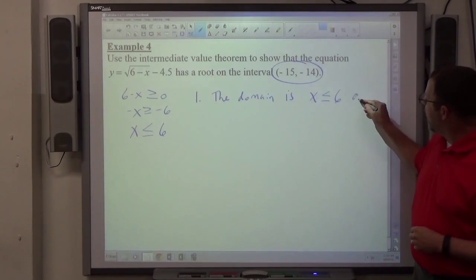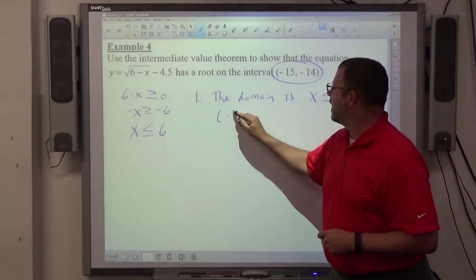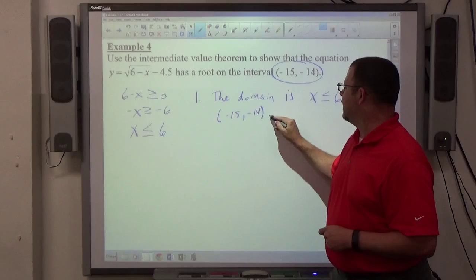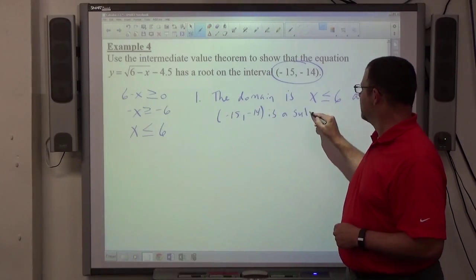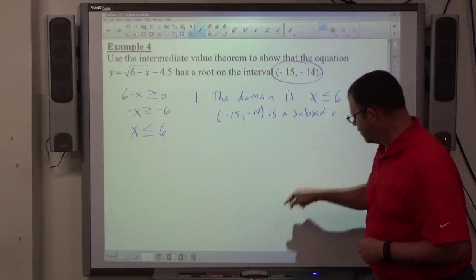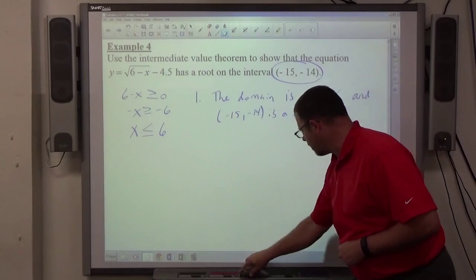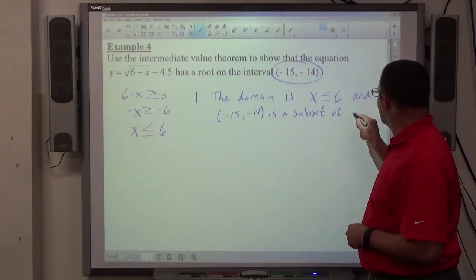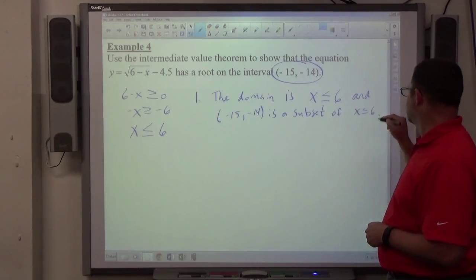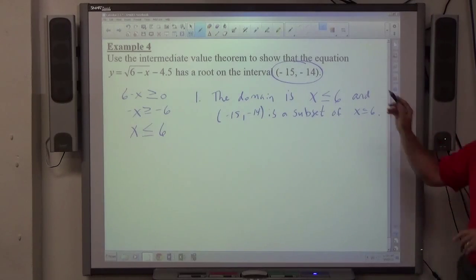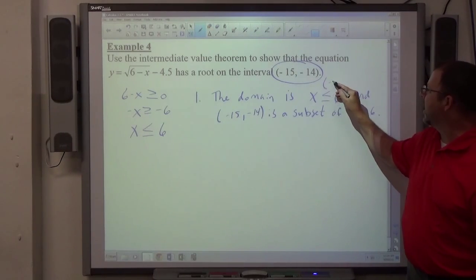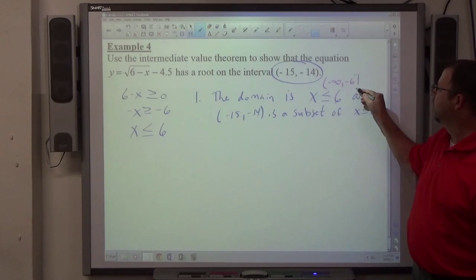So we can say negative 15 to negative 14 is a subset of x less than or equal to 6. You could have also gone with the interval notation negative infinity comma 6.